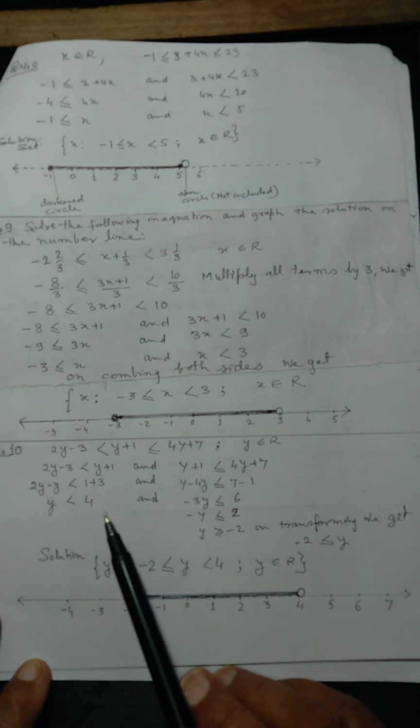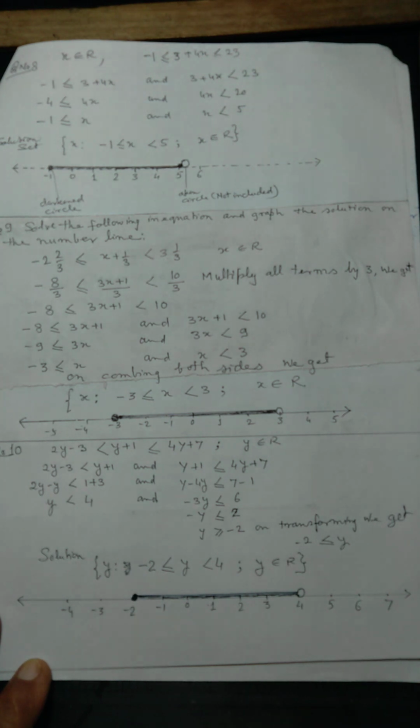Now proceed to question number 10. Question number 10 states: solve the given inequation and graph the solution on the number line, 2y minus 3 less than y plus 1 less than or equal to 4y plus 7, where y belongs to real.